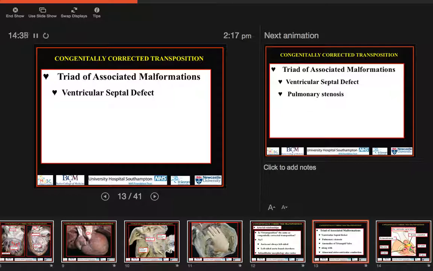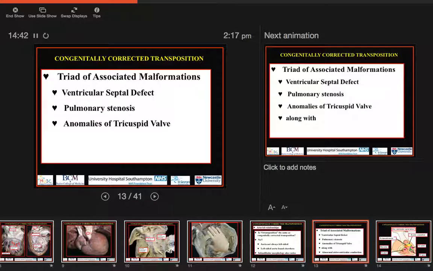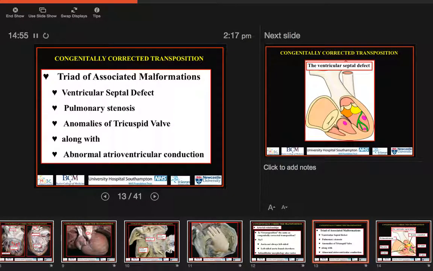And they are a ventricular septal defect, pulmonary stenosis, and anomalies of the tricuspid valve. And then the focus of our attention today has been conduction disturbances. So very frequently in patients with congenitally corrected transposition, we find evidence of abnormal atrioventricular conduction.